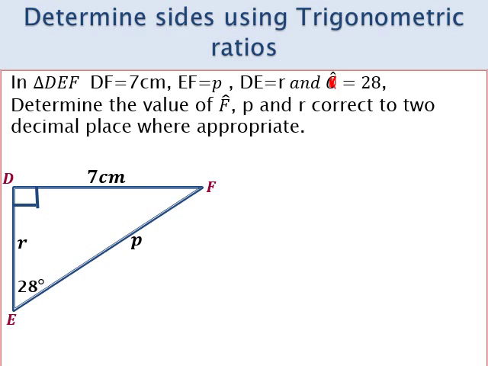Now determine the value of angle F, the value of P, and R. Correct to 2 decimal places where appropriate. It is easy with this one. Determining the value of angle F is easy. So just try it out.